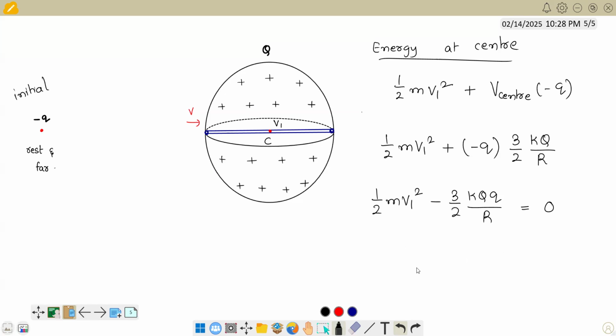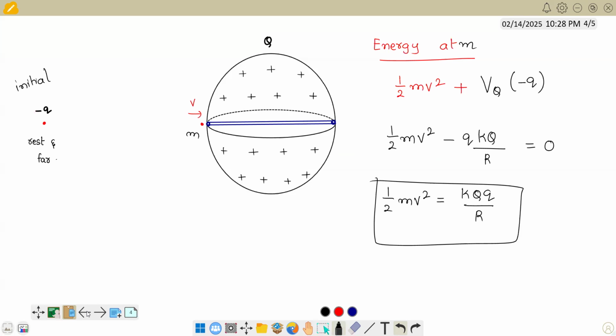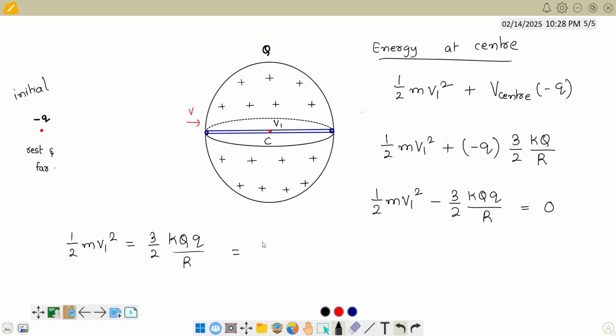So half m v1 square equals 3 by 2 kQq by r. But I want the answer in terms of this velocity. We know kQq by r is equivalent to half mv square. So in place of kQq by r, I will put half m into v square.